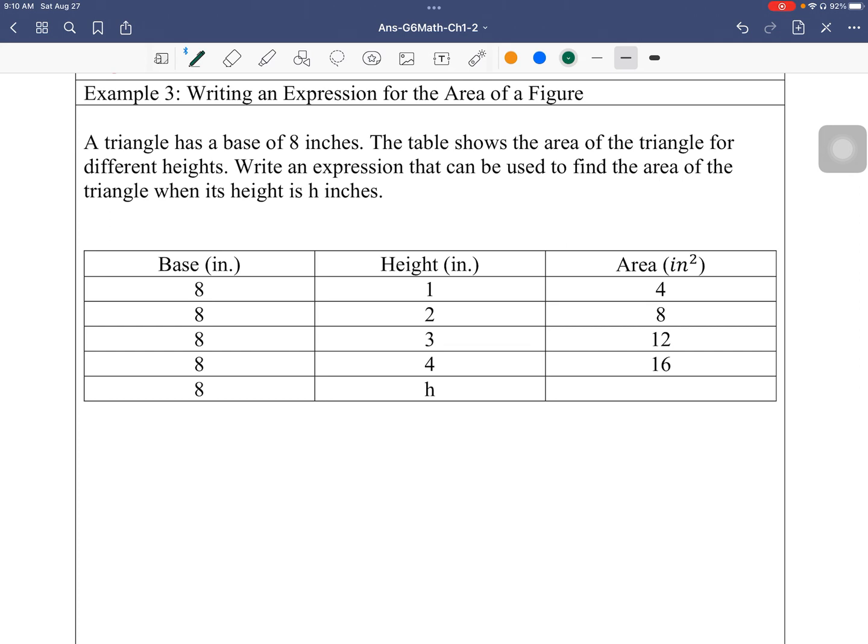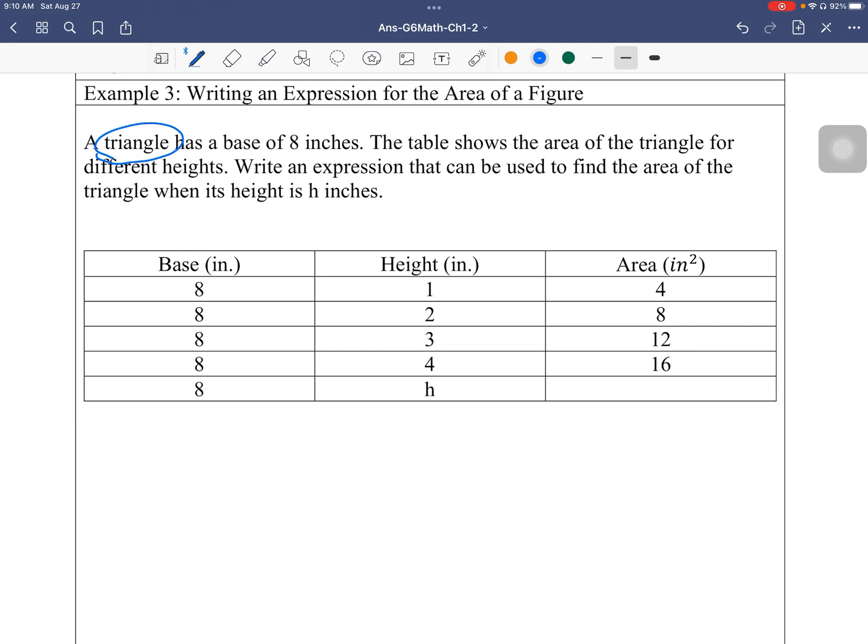When base is 8 and height is 1, my area is 4. We are trying to prove the triangle area formula by seeing the trend and the sequence.